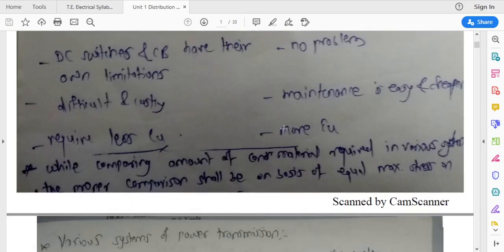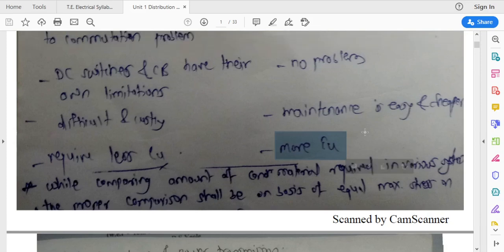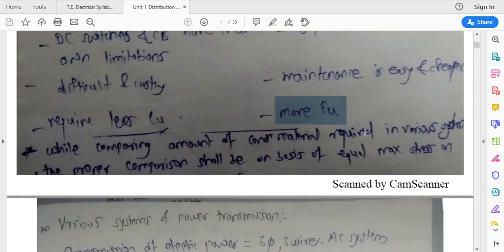Whereas in AC there are three line conductors present, so it requires a higher amount of copper. While comparing the amount of conductor material required in various systems, the proper comparison shall be on the basis of equal maximum stress on the particular system.